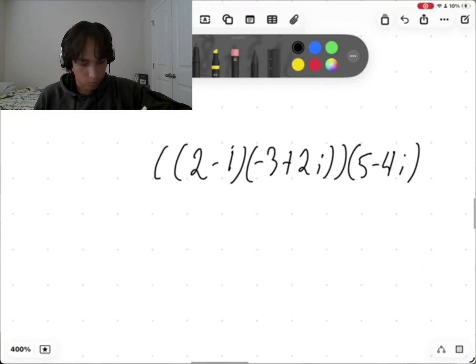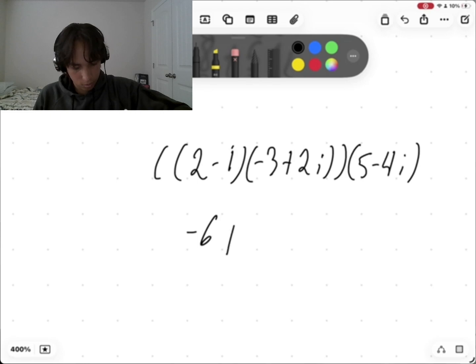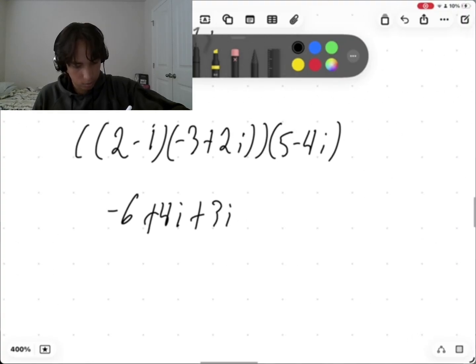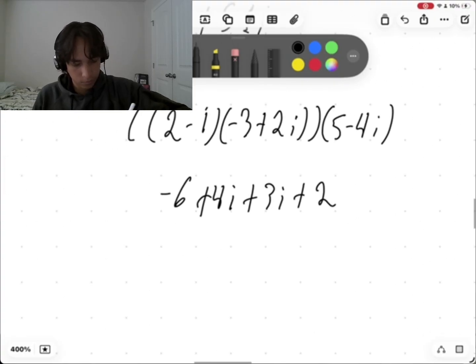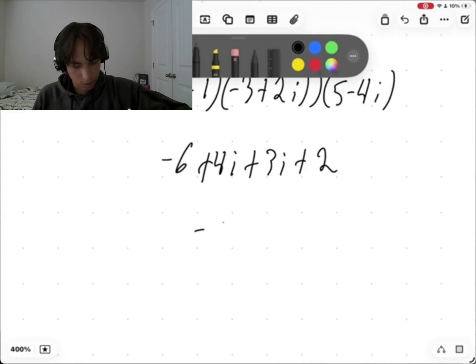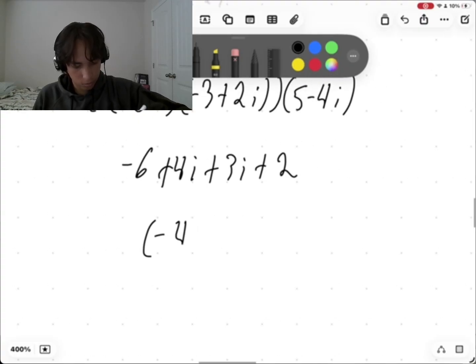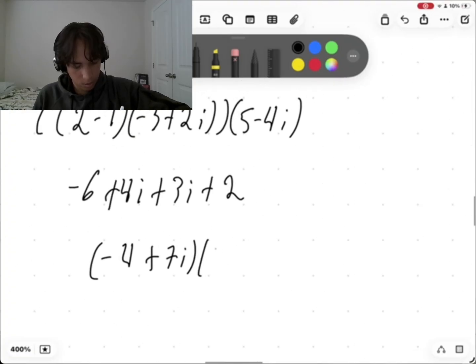so this we use FOIL twice, PEMDAS. For this we get negative 6 plus 4i plus 3i plus 2i plus 2. Sorry, plus 2. This becomes negative 4 plus 7i, times 5 minus 4i.